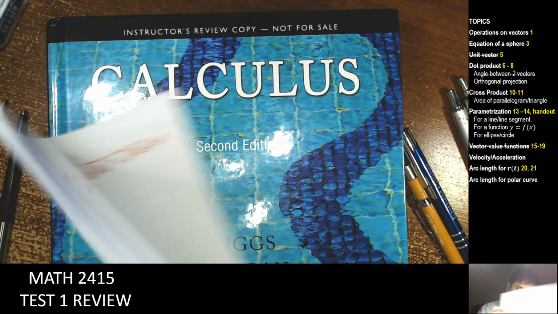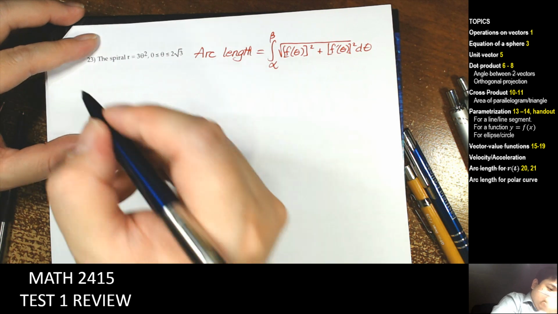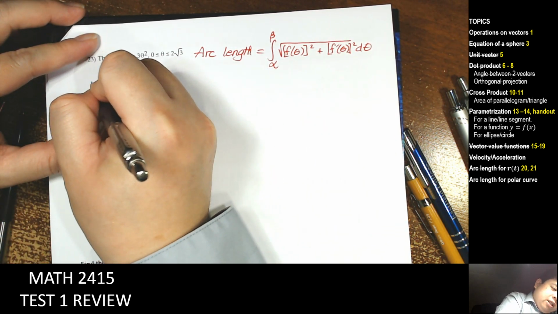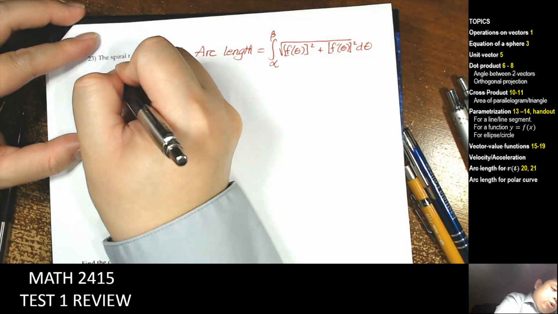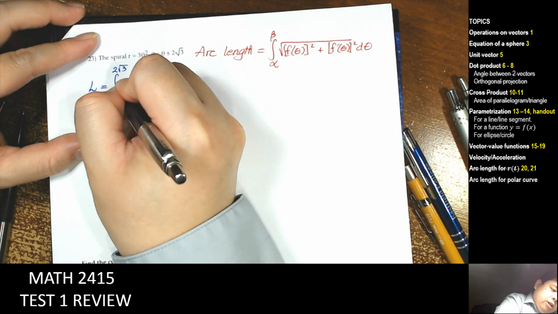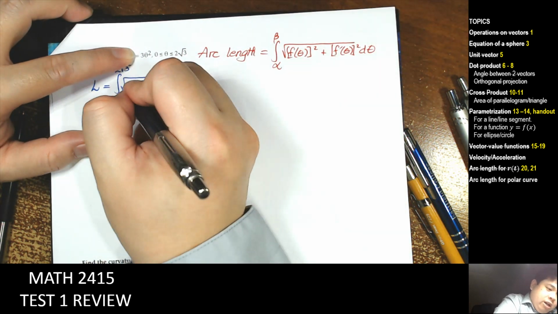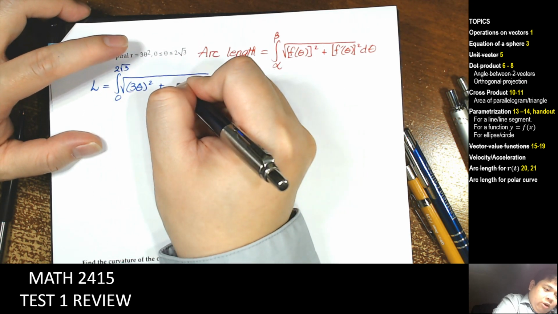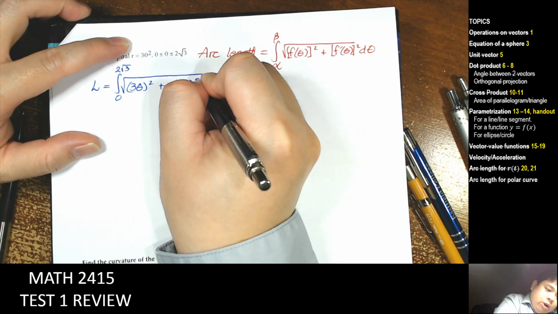Right, so the arc length here, let's say L, goes from 0 to 2 square root of 3. The function is this, 3 theta square. Derivative, 6 theta square.